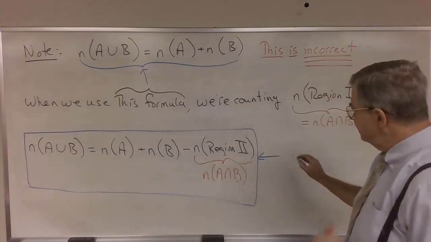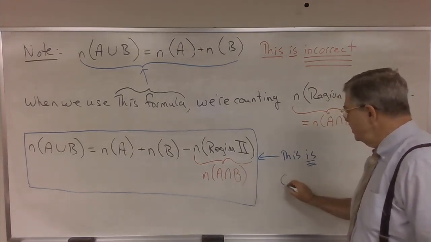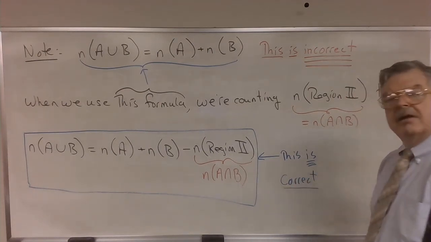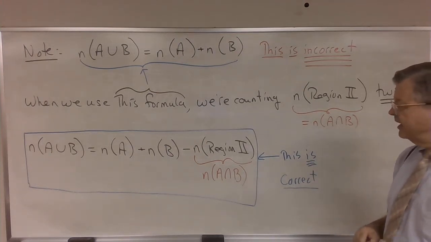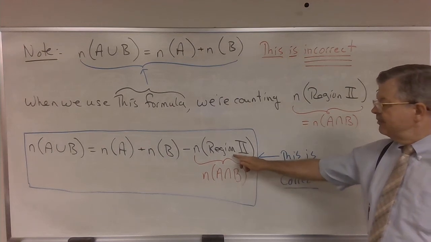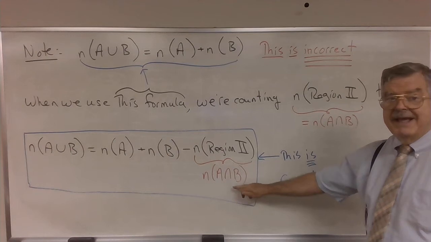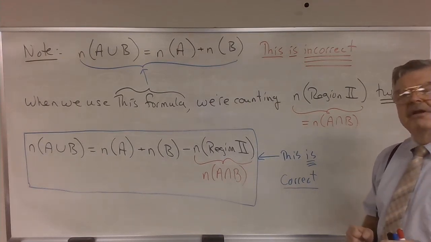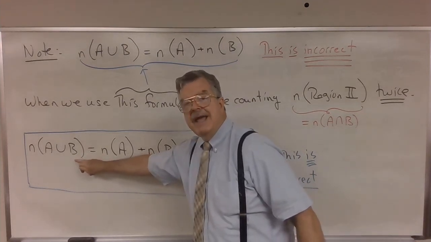So I want to emphasize that this is correct. But we're going to rewrite this in its final form. We're going to replace the number of elements in region 2 with the number of elements in A intersect B. And that's going to be the correct version of how to count the number of elements in the union of A and B.